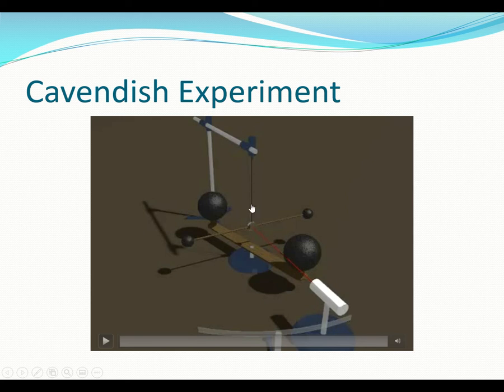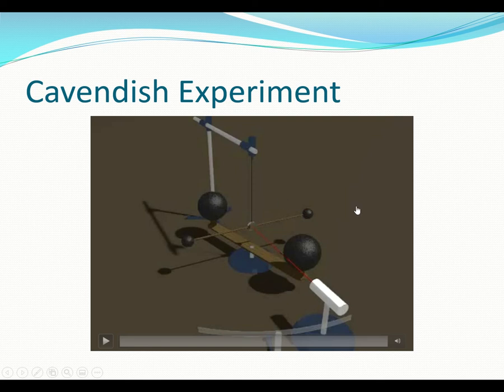And this fiber, this cable that's holding it up, is not just any cable. It's a special fiber called a torsion fiber, and it's calibrated so that when it twists a certain amount, you can relate that to a certain amount of force. So if it twists 10 degrees, that might be 200 newtons of force. 15 degrees might be 400 newtons of force, right?